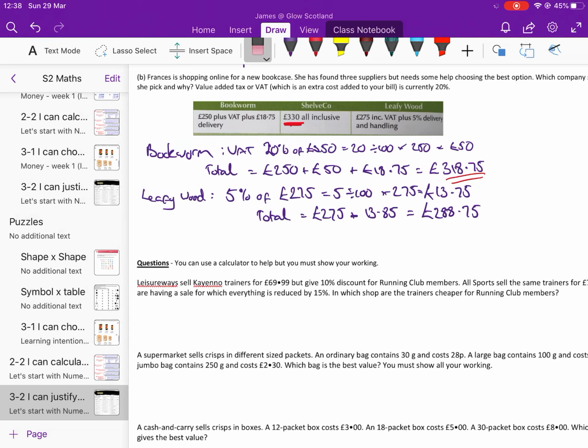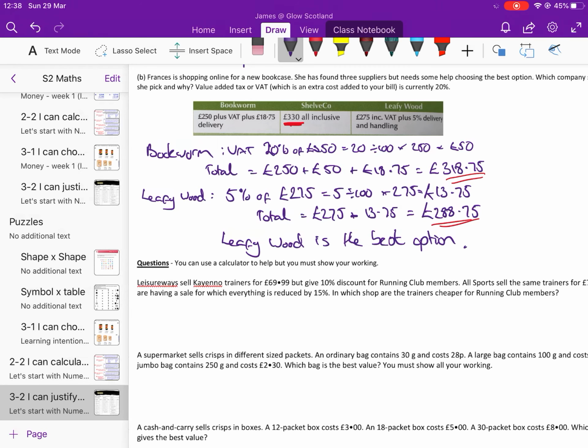Just realised I've made a mistake writing that in. Sorry guys, that should be 75 to match up. If those are our three costs, we can see that Leafy Wood is going to be better value for money. So it is the best option for Francis in this case.